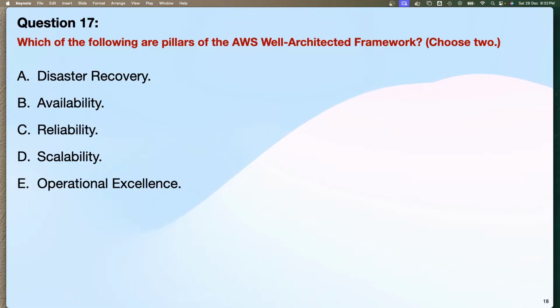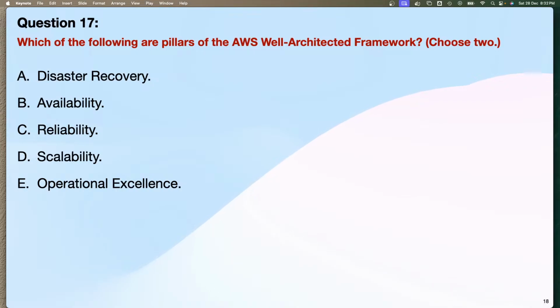You just need to remember, AWS Well-Architected has 6 pillars. Operational excellence and reliability are the 2 among the remaining 6 pillars. Scalability is not a pillar itself, availability is not a pillar itself, and disaster recovery is not.